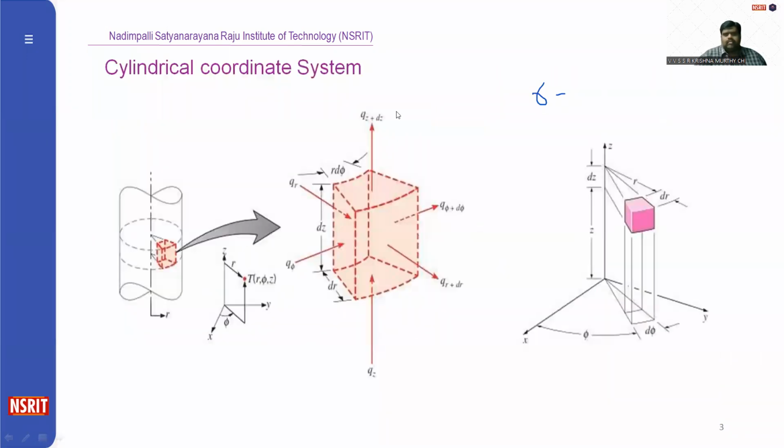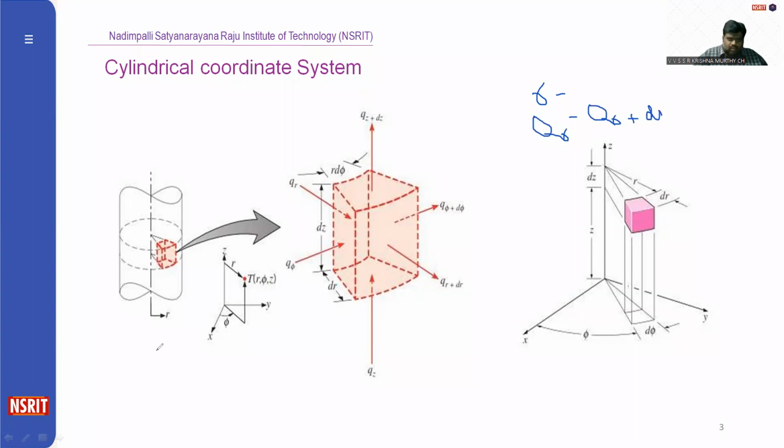We are giving some amount of heat from the left side. Here you are giving q of r as input, and at the outlet you are getting q of r plus dr. So the net heat in the r direction will be q of r minus q of r plus dr.